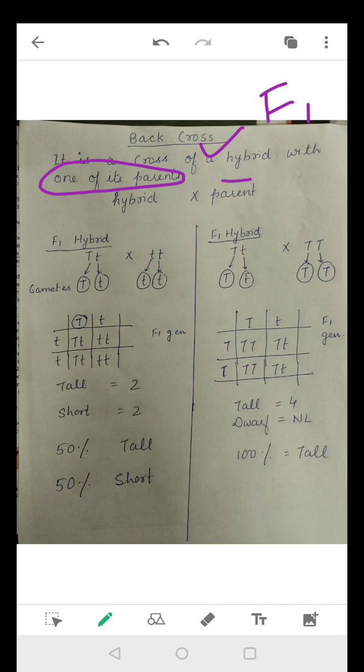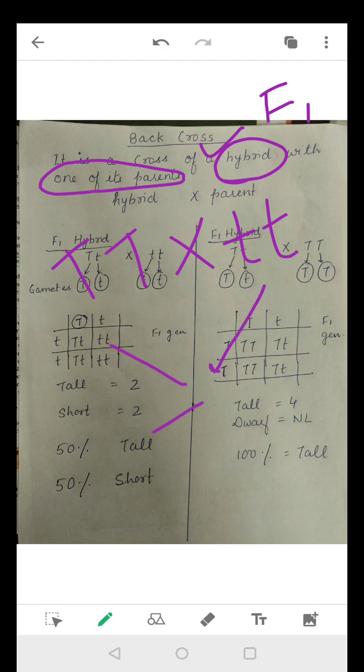Now ये हाइब्रिड जो है, कौन से हाइब्रिड की हम बात कर रहे हैं? So we have taken a pure tall plant, we have crossed it with the pure recessive plant, and we'll have the F1 generation capital T small t. We're talking about this hybrid.